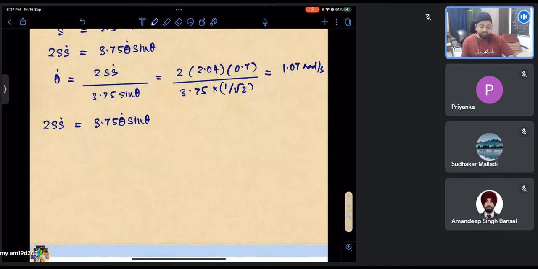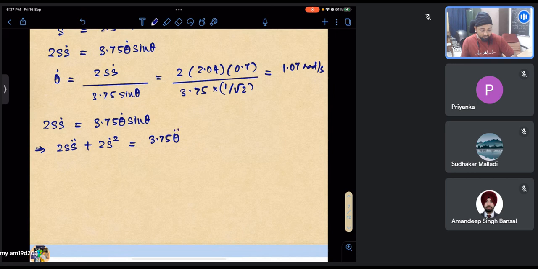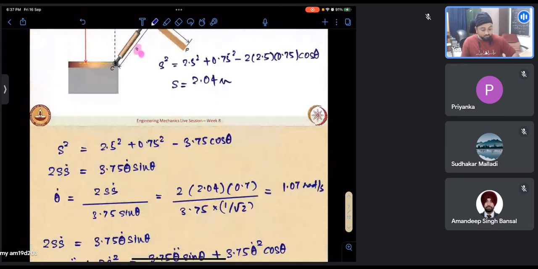Let us differentiate this again systematically. Differentiating again, what will we get? 2s s double dot plus 2s dot squared is equal to 3.75 theta double dot sine theta plus 3.75 theta dot squared cos theta. This is what we will get if we apply the product rule properly. What is the quantity that we want from here?